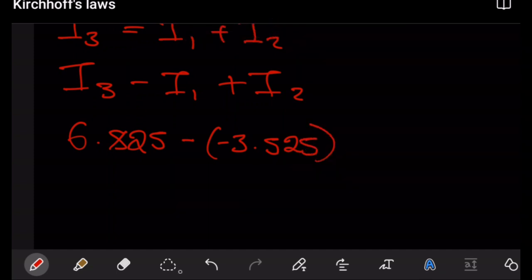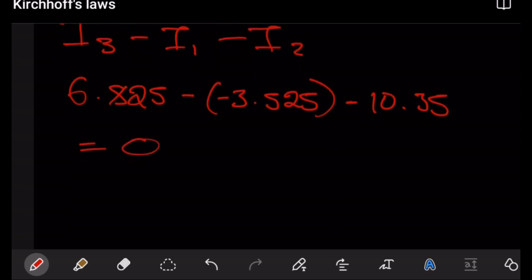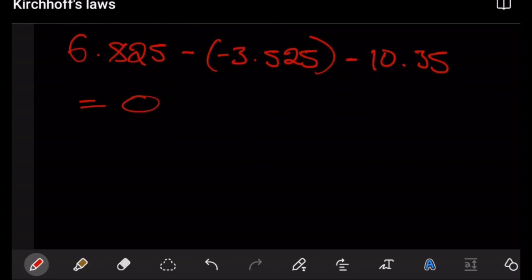And then, sorry, this is a negative here, so we have minus here. I2 is 10.35 amps. And if you do the math here, this comes to give you 0, which is in accordance to Kirchhoff's first law. We can try the other equations as well. Do they work as well?